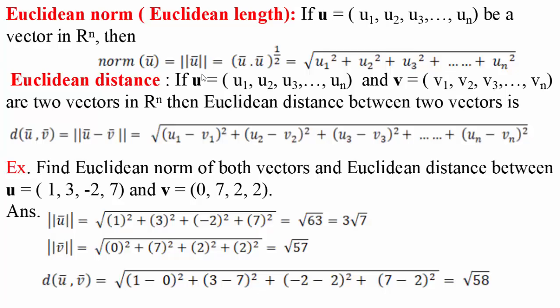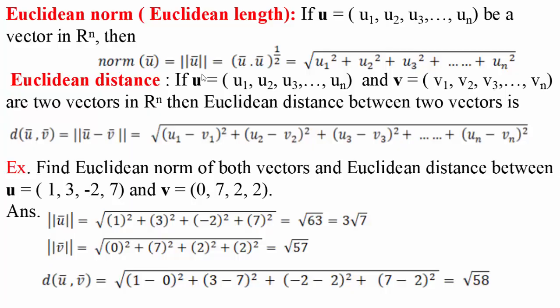Now, distance between u and v equal to the square root of (u1 minus v1) square plus (u2 minus v2) square plus (u3 minus v3) square plus (u4 minus v4) square.